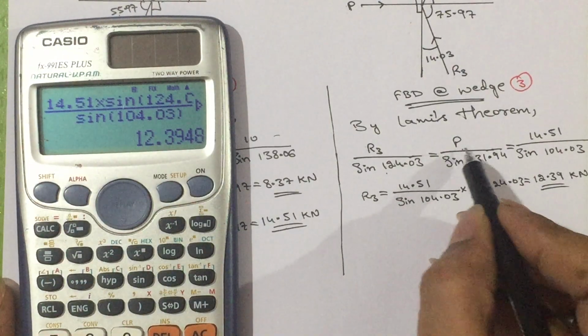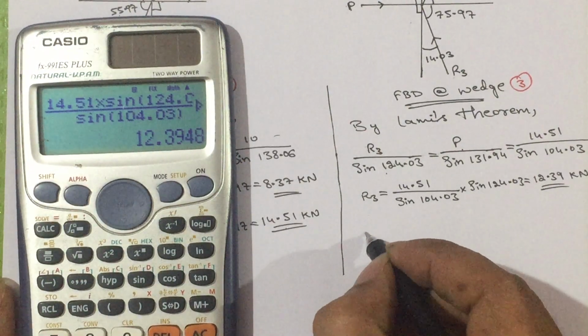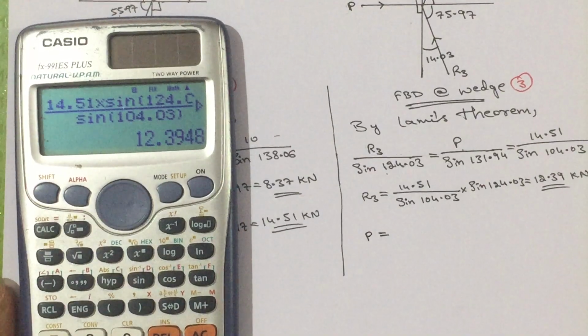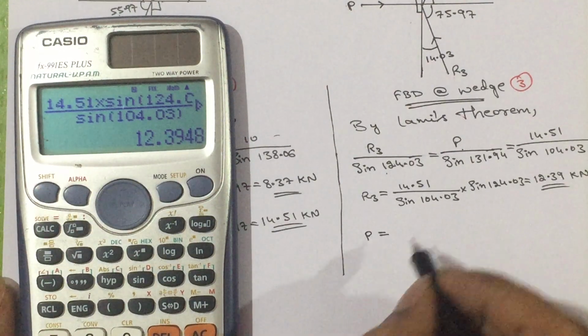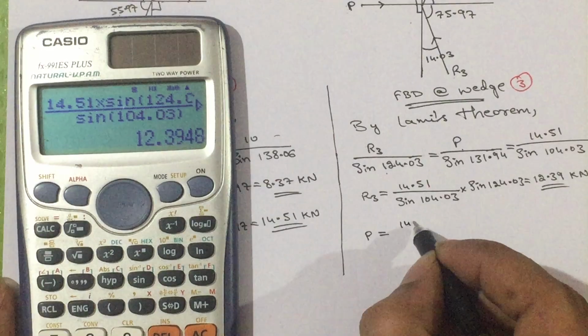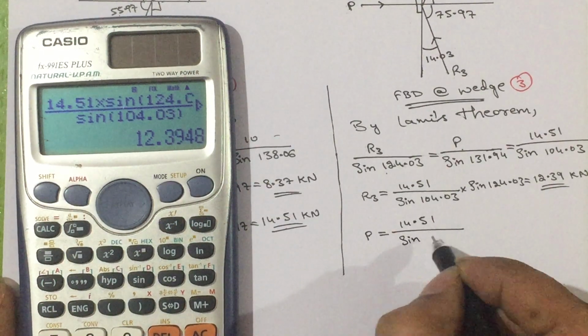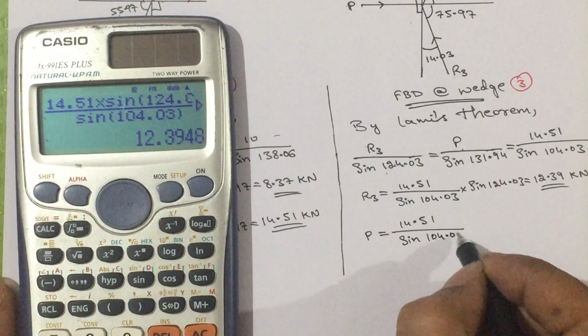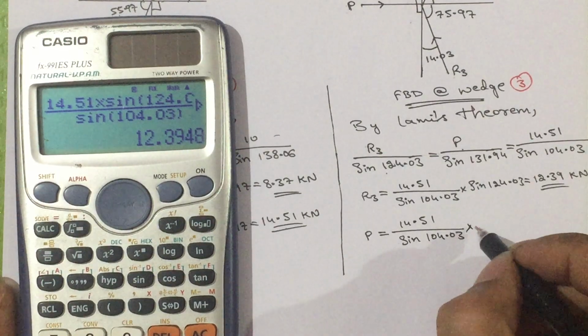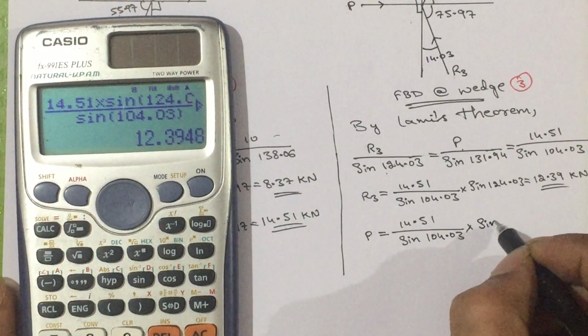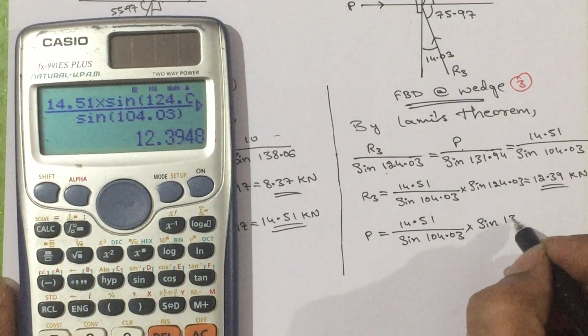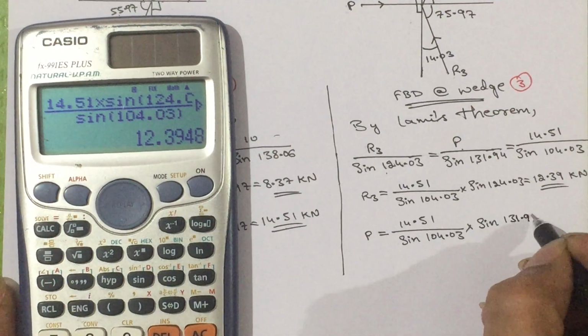Then take the second part and the last part. You will get P as 14.51 divided by sine of 104.03 multiplied by sine of 131.94.